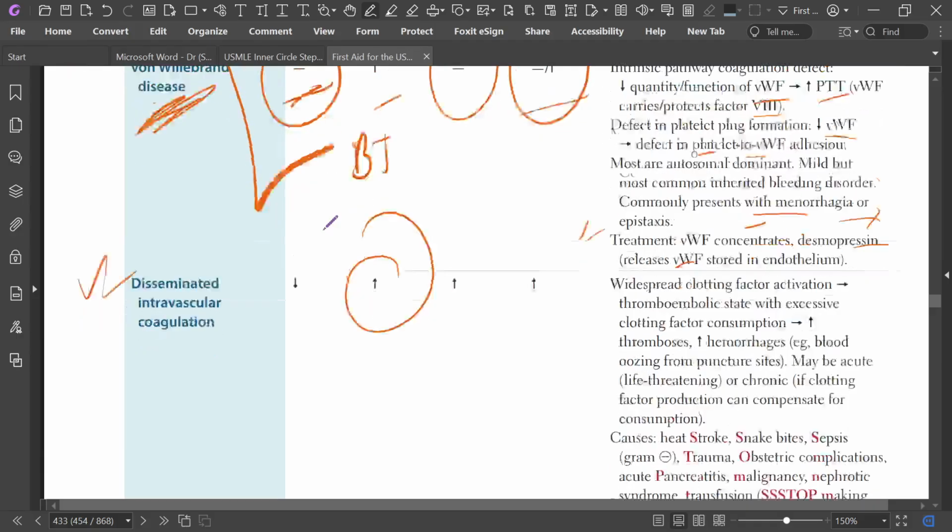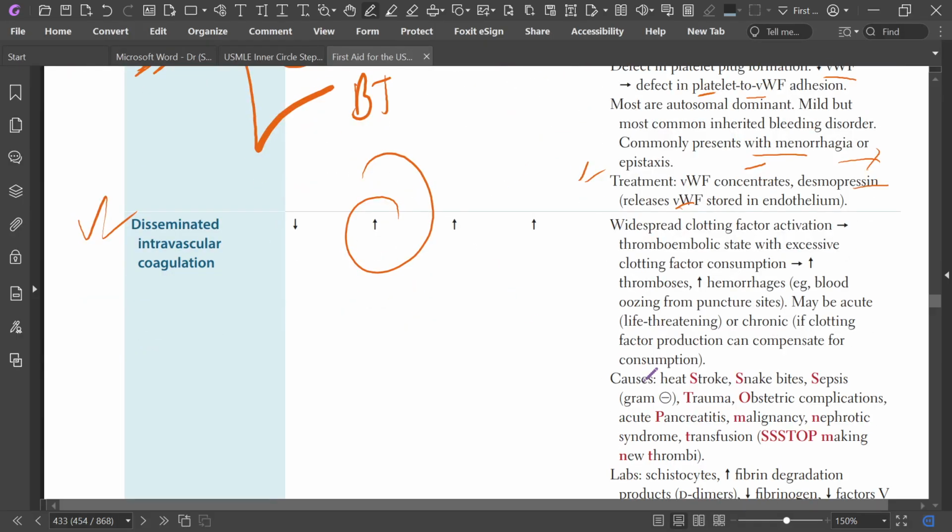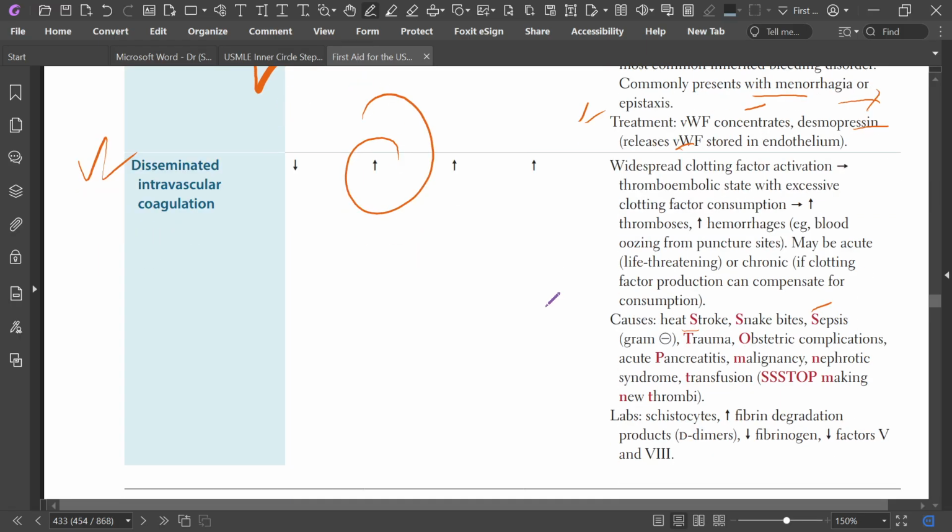DIC. The causes of DIC include heat stroke, snake bites, sepsis, trauma, obstetric complications, pancreatitis, malignancy, nephrotic syndrome, and transfusion.